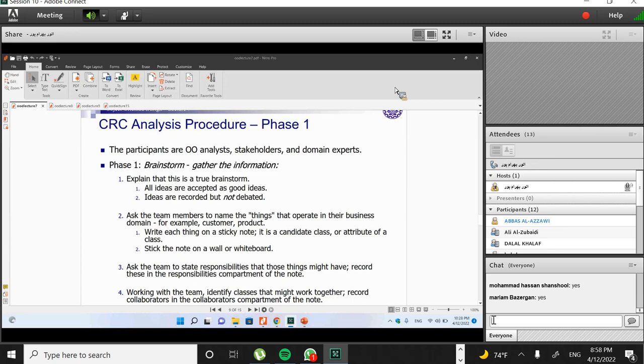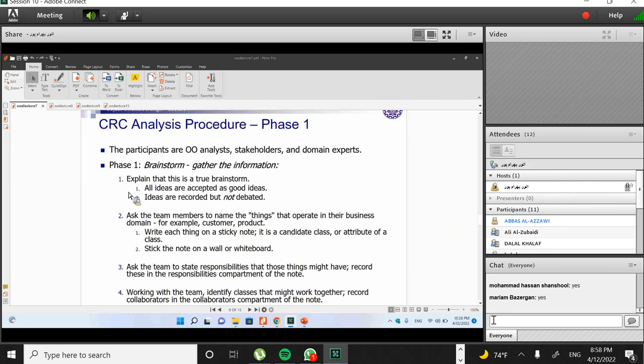The brainstorm is a mechanism in which all people in our analysis team and all stakeholders, end users, or domain experts are present together to gather enough information about the project.